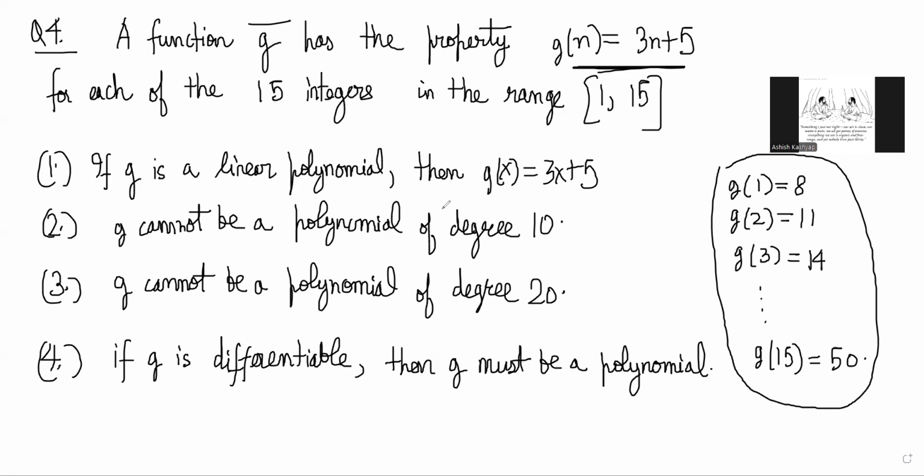So now you have to think about each option and carefully understand. If g is a linear polynomial, then g of x is 3x plus 5.